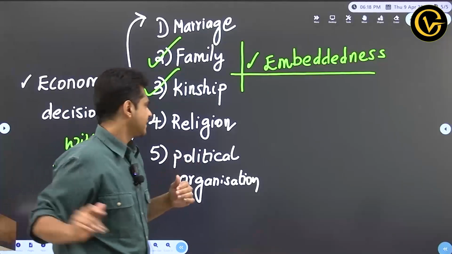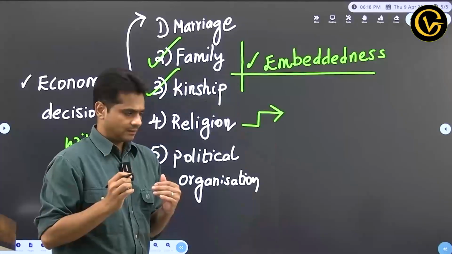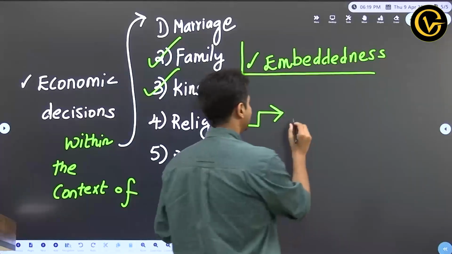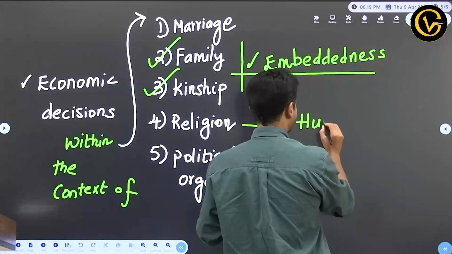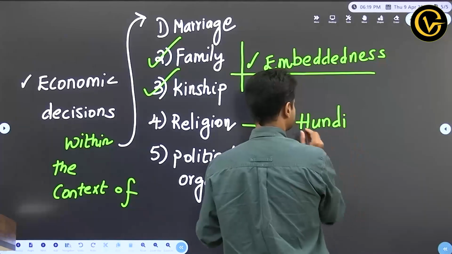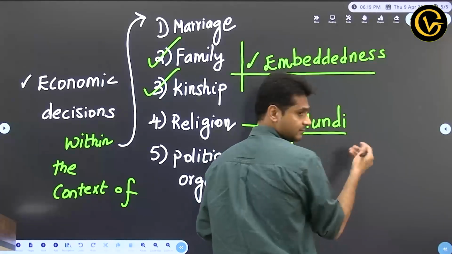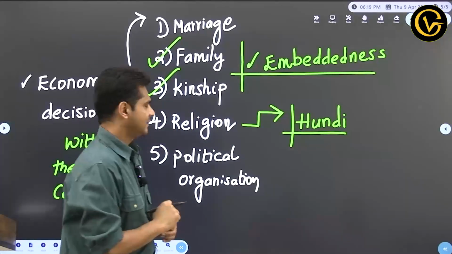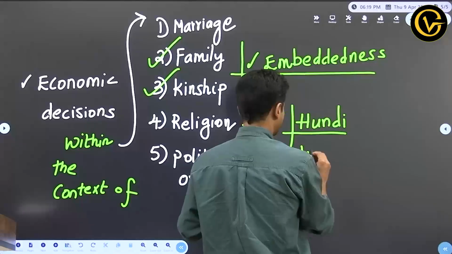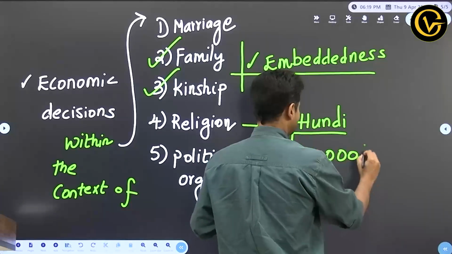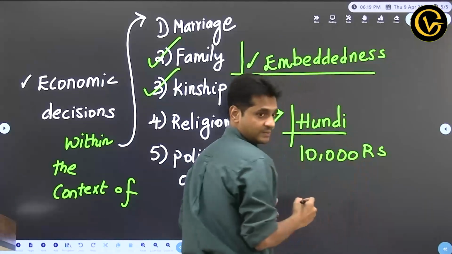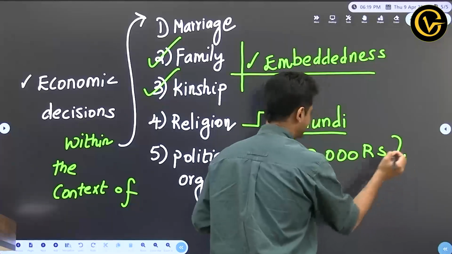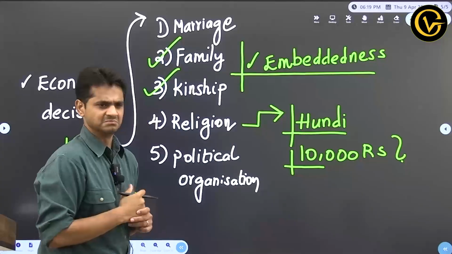Same. Let's say you go to God, you go to a temple, and hundi is a place where we put our religious offering. Let's say you have decided to put 10,000 rupees. Now, would you expect 10,000 rupees worth of benefit from God in return?